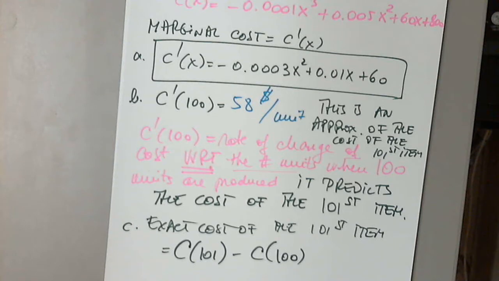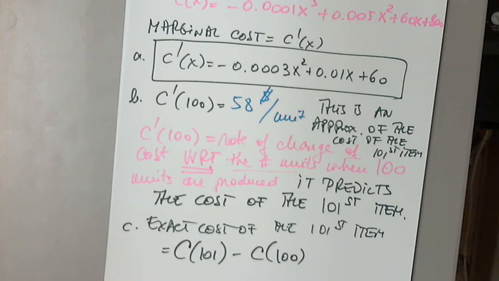So the cost is negative 0.0003 times x cubed, plus 0.005 x squared, plus 60x, plus 800. So I go to second and table, and I punch in 101, and I punch in 100.